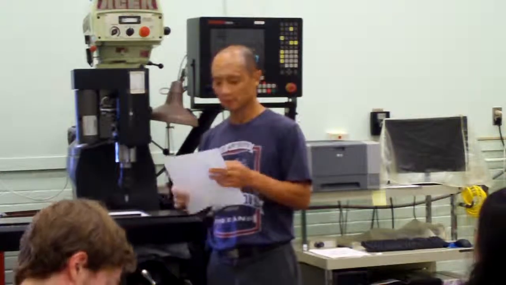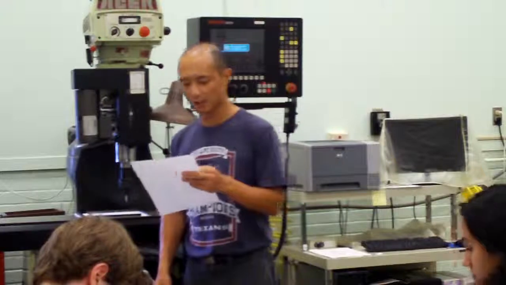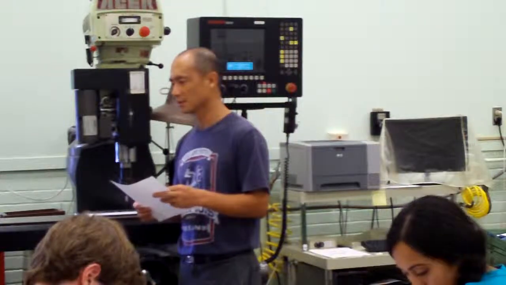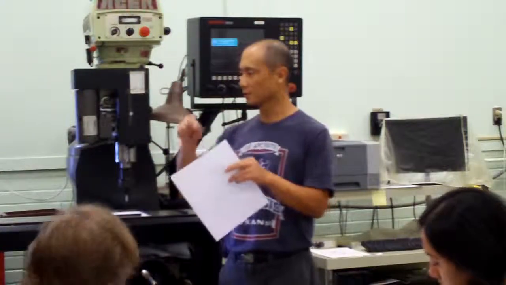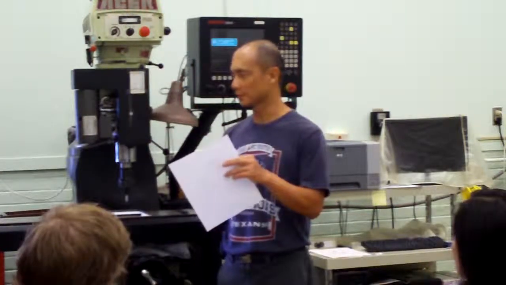Let's say here we have I0, J negative 0.5. What that means is the center has 0 distance in the x direction from the starting point and 0.5 inch distance in the negative y direction. So the center is 0.5 inches below the starting point.